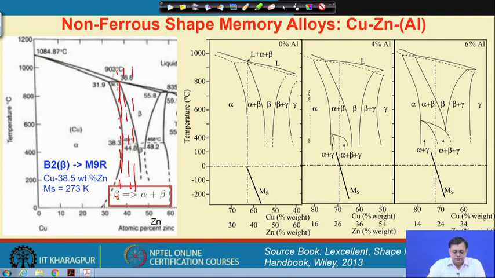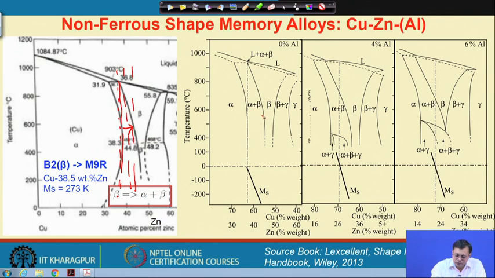And now, if I go towards the right hand side, the problem arises that the martensitic transformation is retarded and the transformation temperature goes very far down. How to read it?